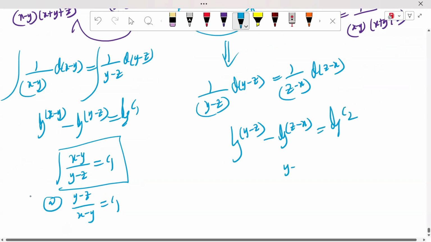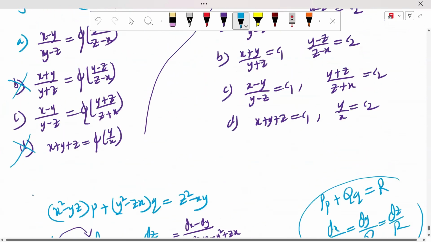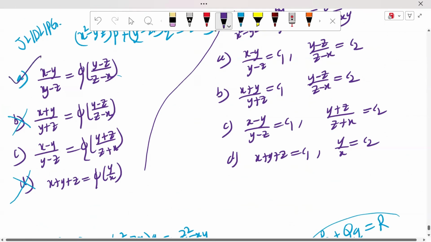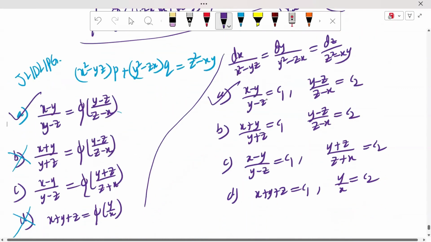It is nothing but y minus z by z minus x equals c2. Where is y minus z by z minus x in the options, sir? Option A contains y minus z by z minus x. So finally option A is the right answer. Is it clear, sir? This question is clear.